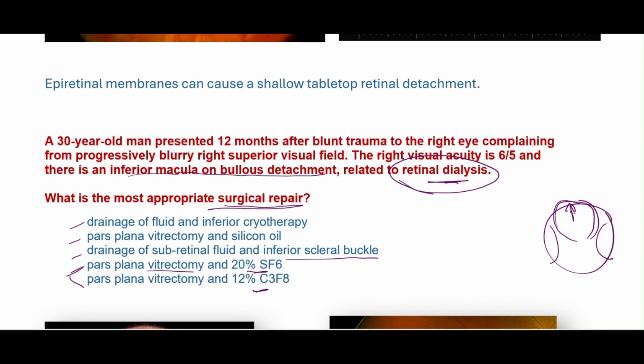This is not a vitreoretinal exam, but bear in mind it's an inferior detachment, so no role for gas here. Drainage of fluid and inferior cryotherapy: there is no buckle applied, no vitrectomy, so I wouldn't say this is a valid option at all.